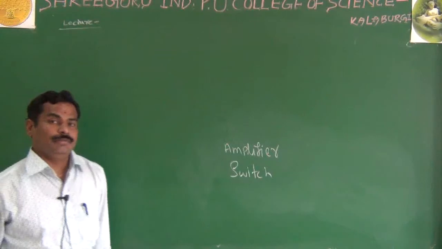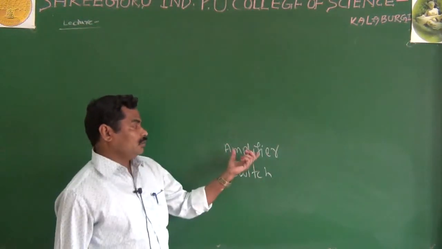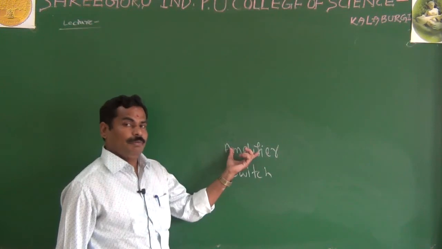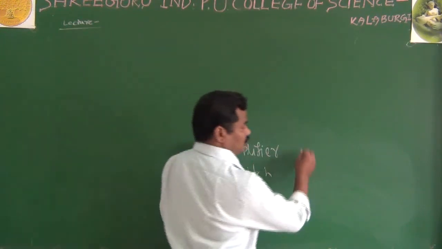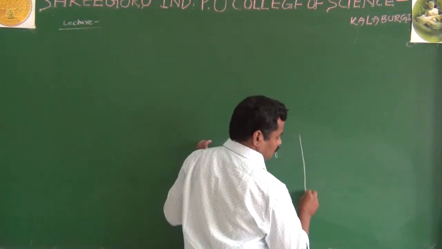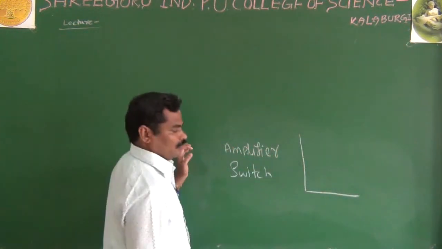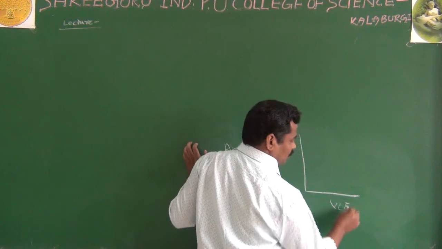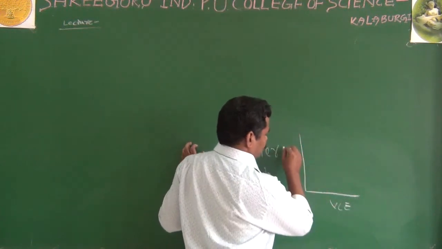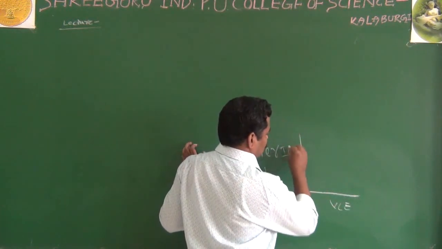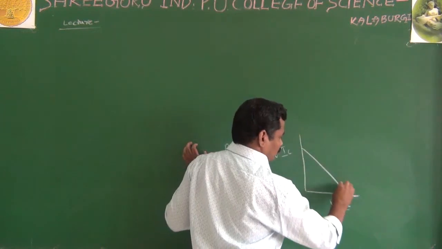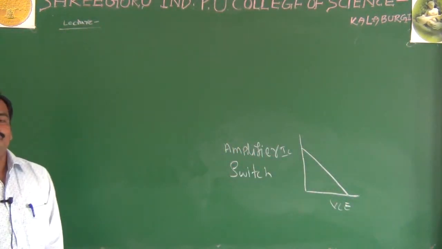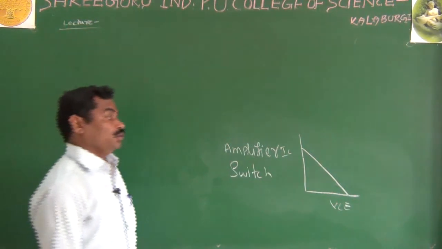Whenever the transistor is used as an amplifier, as I said here, this is your output characteristics, and this is your VCE, and as we know already, you draw the DC load line. Why draw the DC load line? To get the different Q points.